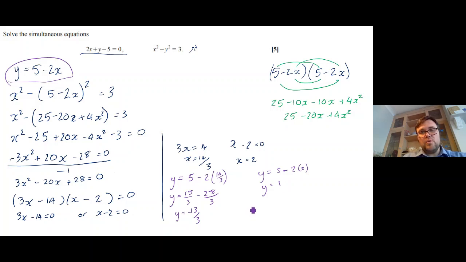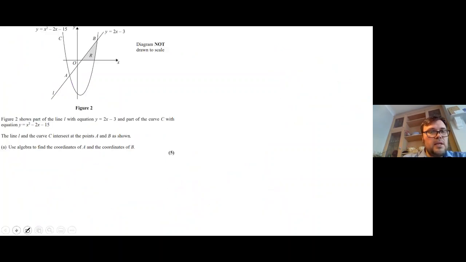So the two coordinates that work for this would be 14 over 3, minus 13 over 3, and we got 2 and 1. Done. Job done.